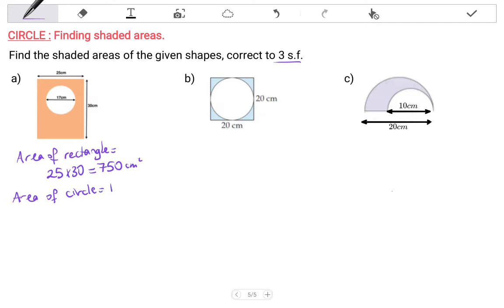This is pi r square, and r is the half. This is diameter 17. Radius is the half of it. So 17 divided by 2 will give us 8.5. So 8.5 square, pi r square, and r is 8.5 here.